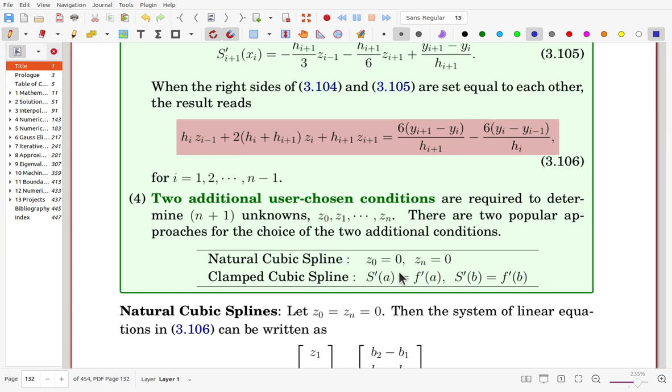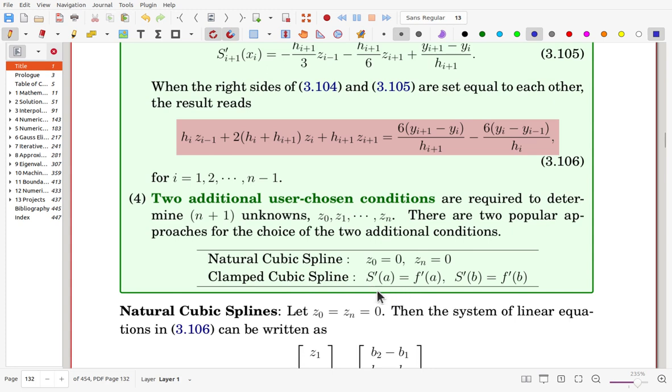Second derivative being 0 means that outside of the domain, we may assume the solution is linearly changing. It's quite a natural assumption. So once you are using these assignments, then the cubic spline is called the natural cubic spline.